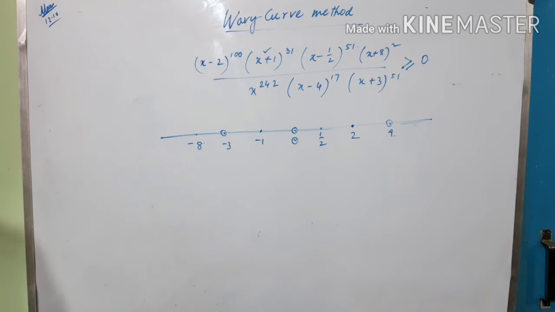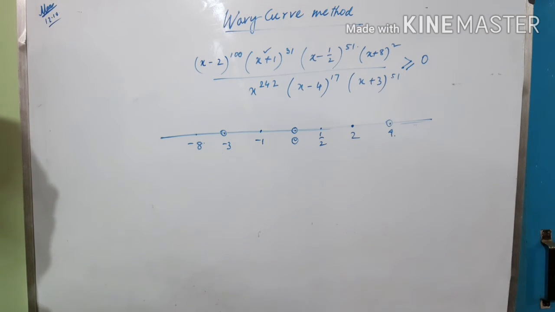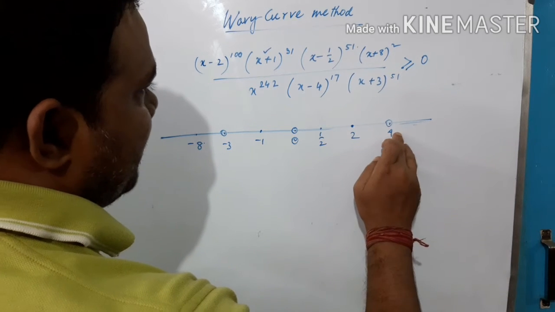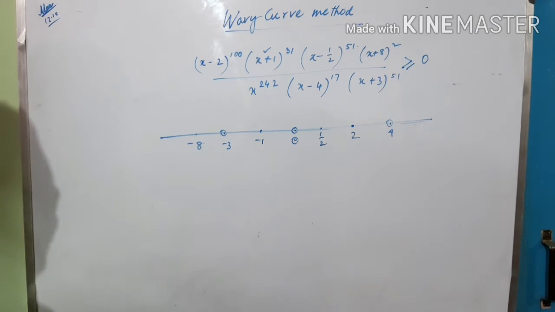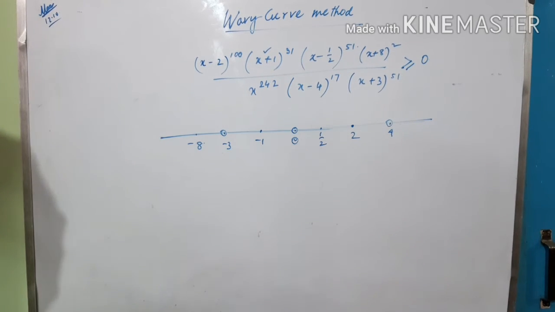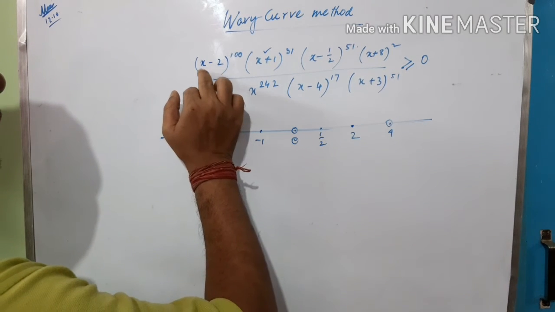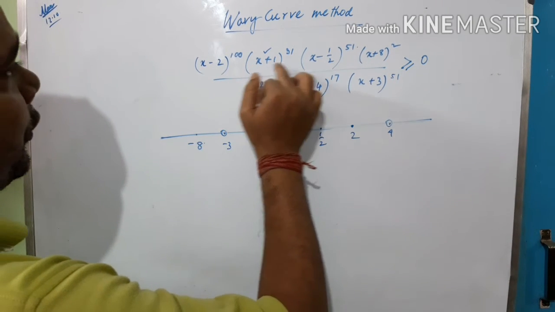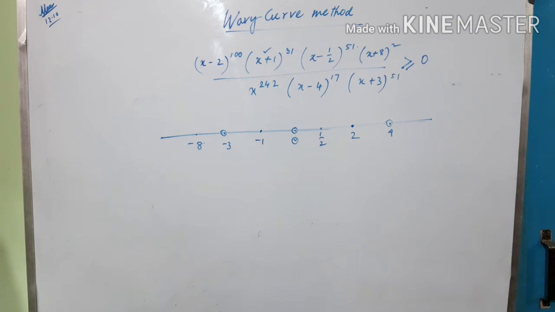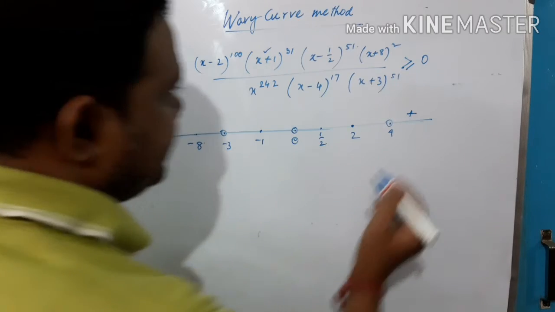So if we take any value greater than 4, the whole expression becomes positive, provided that all the x's are of positive sign. Remember that at the right of the maximum value, that is, the maximum value is 4, the value of the expression is always positive, provided that all the x's are positive. See that this x is positive, this x is positive, and so on. So here we are putting a plus sign.